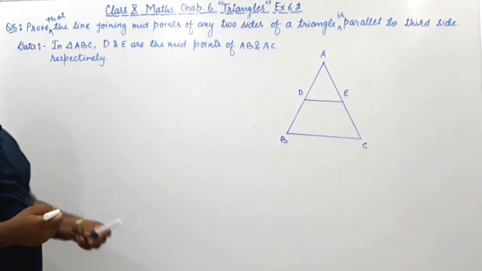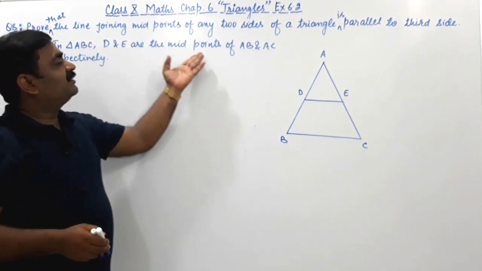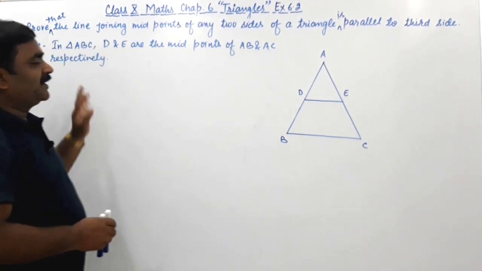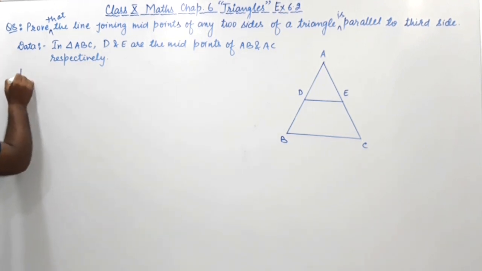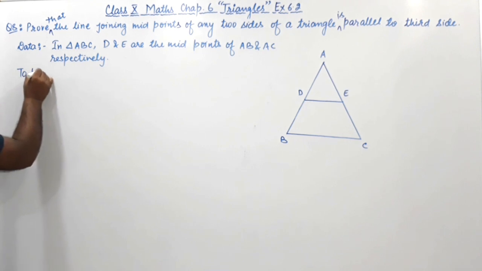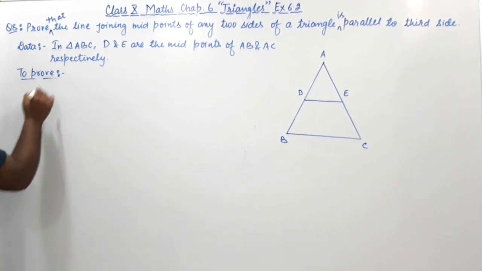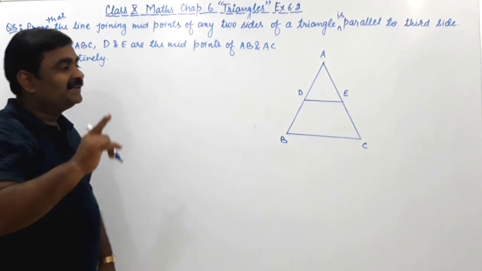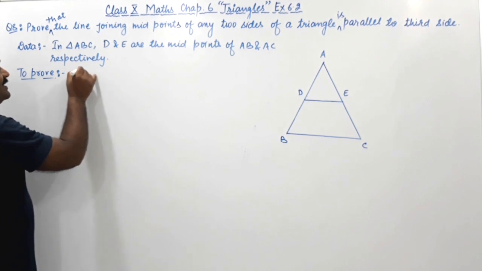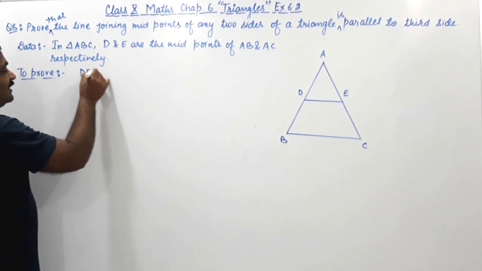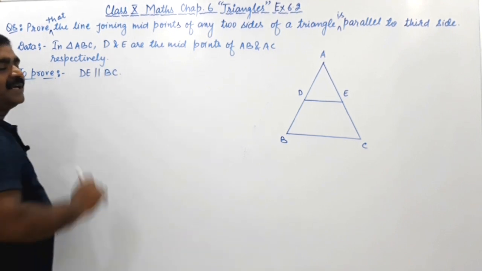These things are given, right? Now D and E are the midpoints of sides AB and AC respectively. Then we have to prove that this line DE is parallel to the third side BC. This we are going to prove.